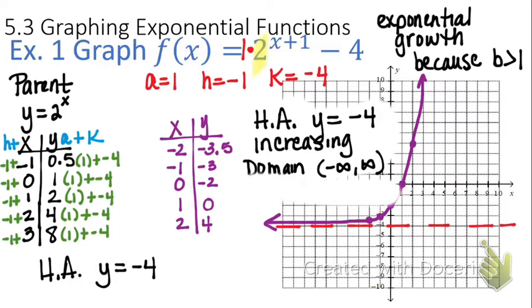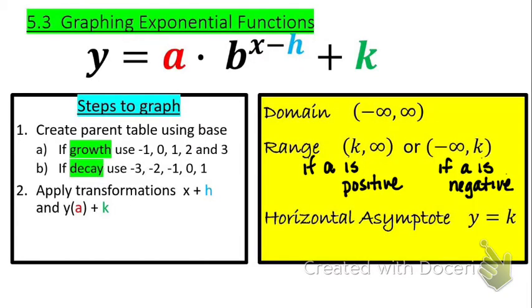And then your range, because we have this horizontal asymptote, all of your y values are greater than -4. Now it's really important that you notice that in our range we do not have a bracket. There is no bracket, okay?